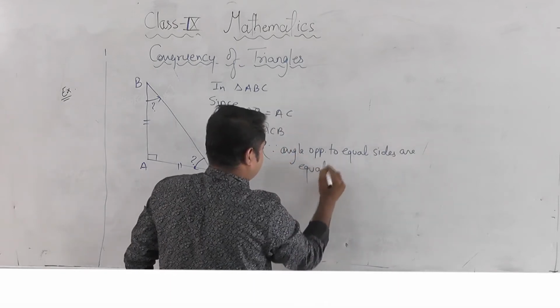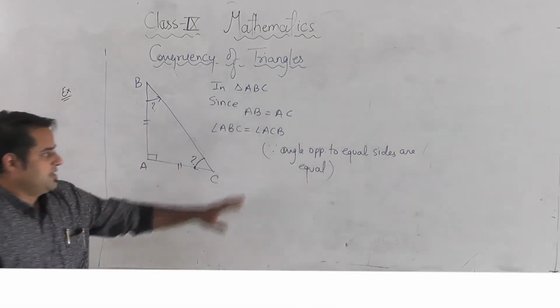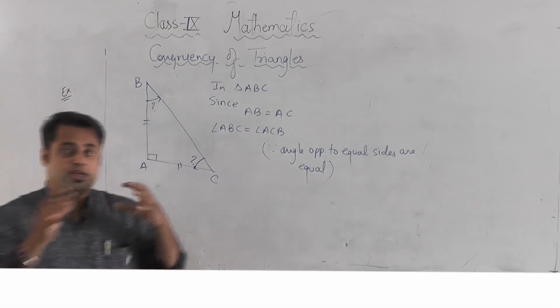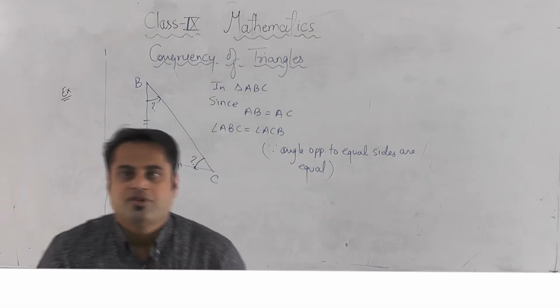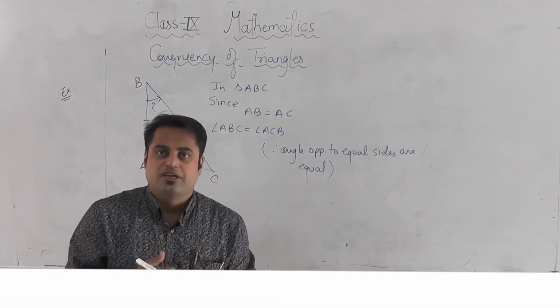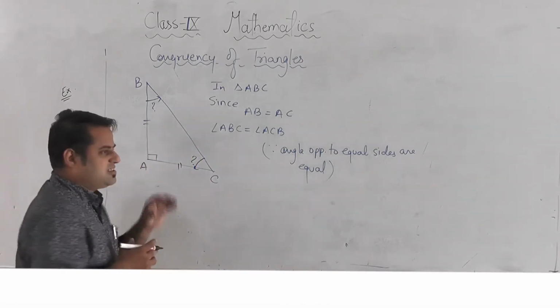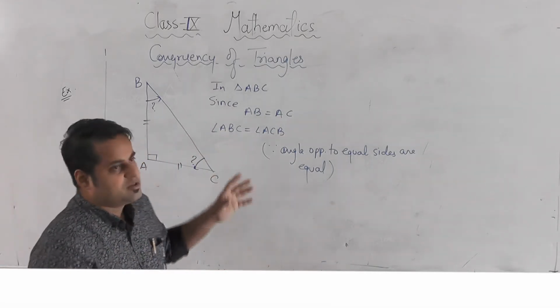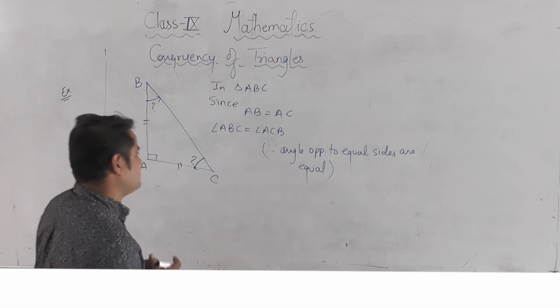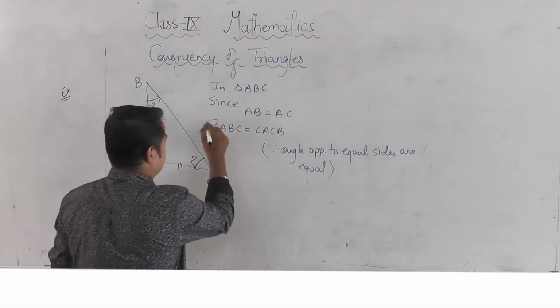This is the property. In a triangle specifically, if two sides are equal, their opposite angles are equal. This doesn't happen across two different triangles. It happens only in one triangle where two sides are equal, like an isosceles triangle. So angles opposite to equal sides are equal.